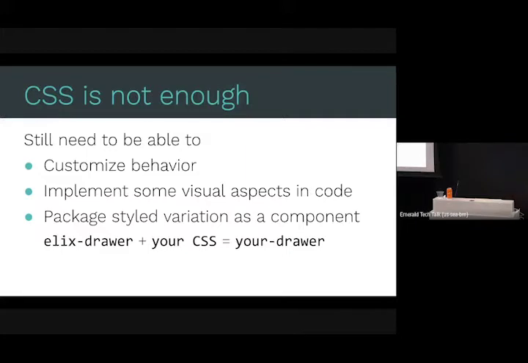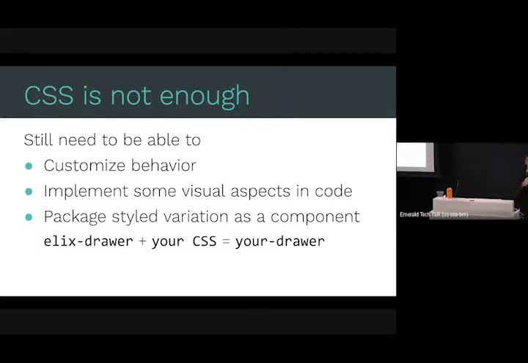Well, if you style that thing in CSS, you've just created a second artifact that your team now has to track. You've now got carousel-customizations.css. And let's say you like the Elix navigation drawer, and you want everyone in the company to be using the same styled version of that thing.